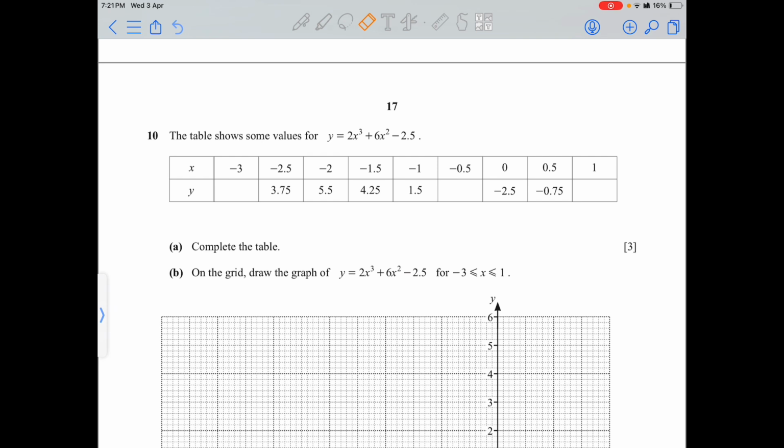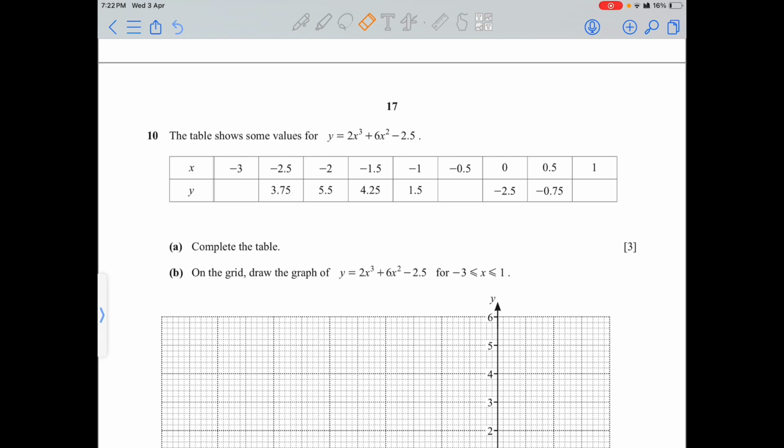Alright, now we're moving down to question number 10, which says that there is a graph given, an equation given, and a table given. We have to fill in the table for the graph, that is 2x cubed plus 6x squared minus 2.5, starting at -3 and ending at 1, and your intervals are 0.5.